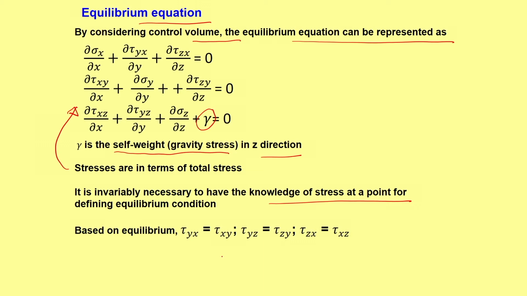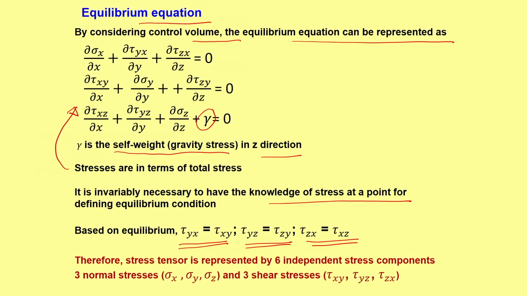Now, based on equilibrium, we can say that tau yx is equal to tau xy, tau yz equal to tau zy and tau zx equal to tau xz. Therefore, the stress tensor is represented by 6 independent stress components. There are 9 components in the Cauchy stress tensor.